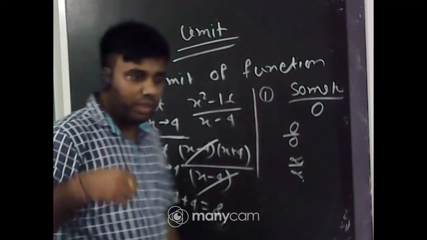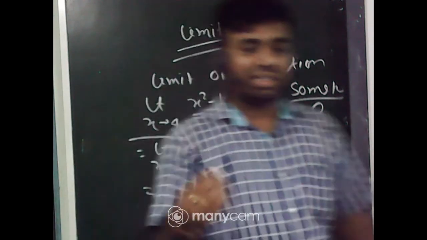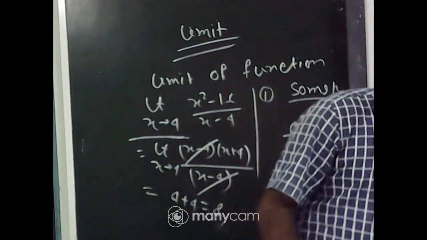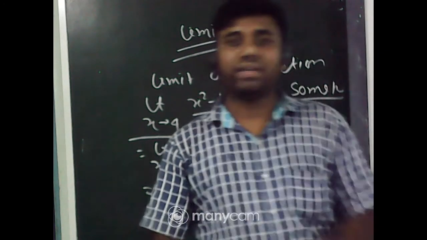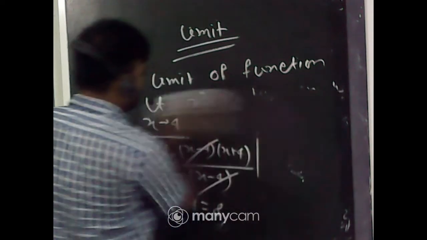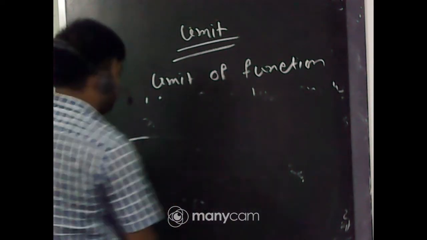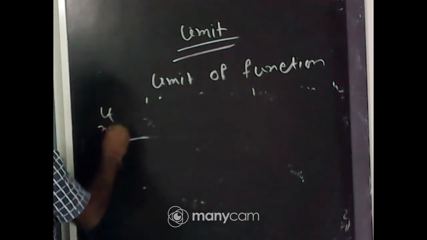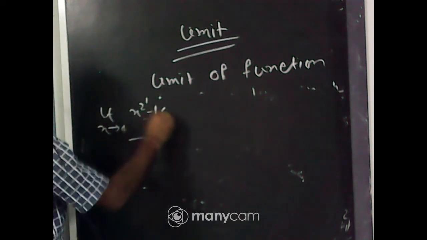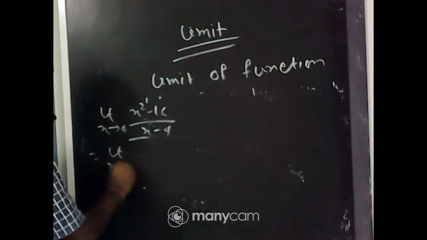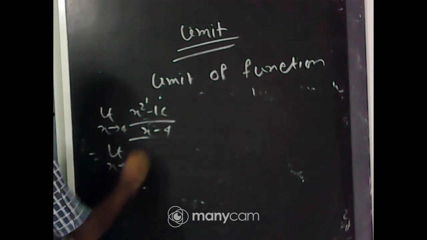Now I will discuss it in another way, using the left hand limit and right hand limit. So students, we have the limit as x tends to 4 of (x square minus 16) by (x minus 4), from which we got the limit as x tends to 4 of x plus 4.